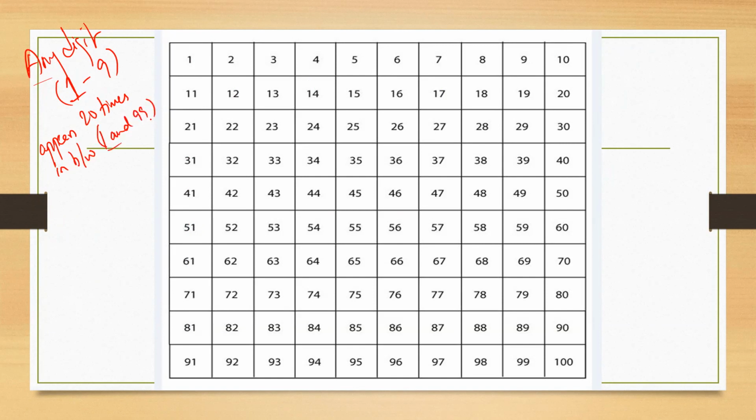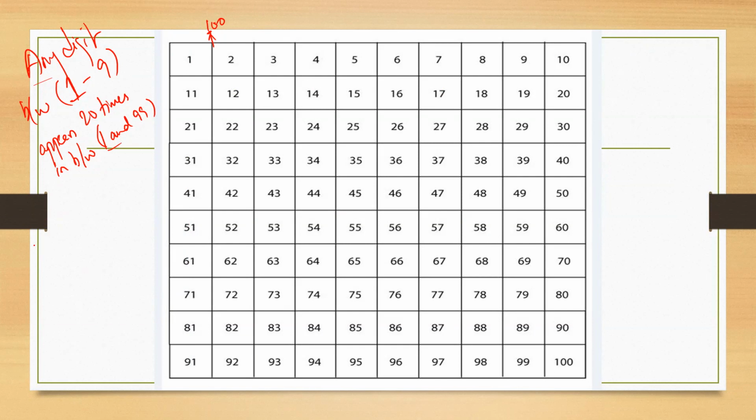Why are we not taking 100 here? The reason is if I add 100, we have a digit in the hundreds place. Right now we are concerned only about the digit in the units and the tens place. So any digit between 1 to 9 appears 20 times between 1 and 99.